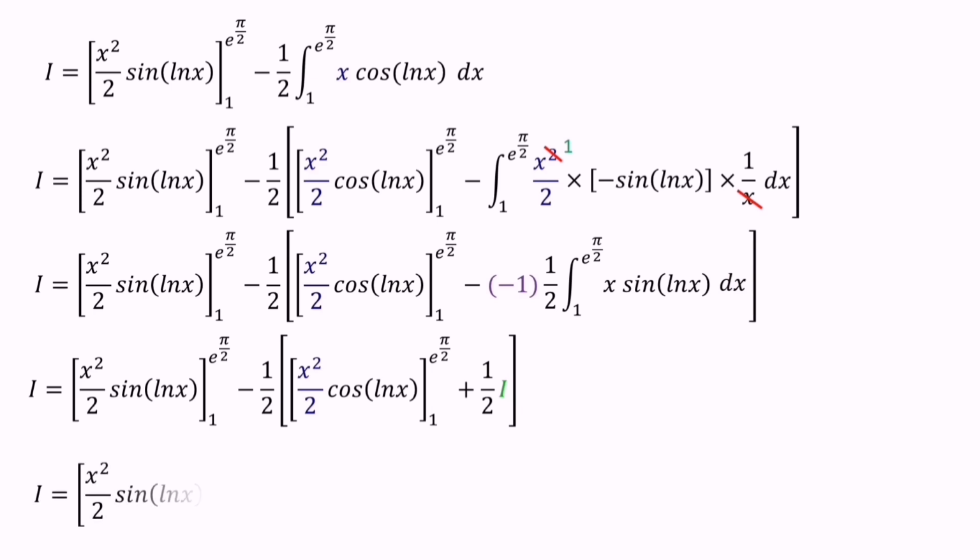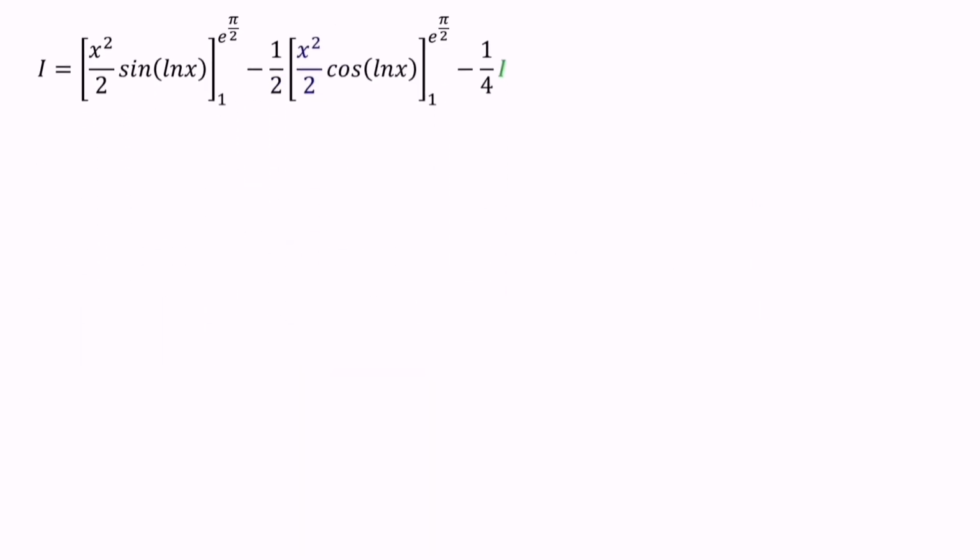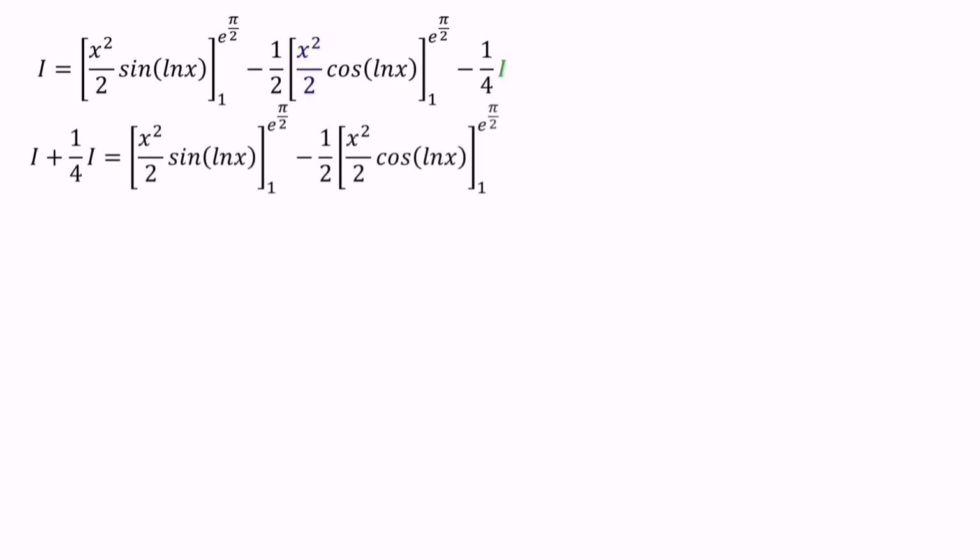Then we can write minus half x squared over 2 cos(ln x), minus half into minus half I, which is minus 1 over 4 I. We can move this minus 1 over 4 I from the right side to the left hand side, then it will be plus 1 over 4 I. I plus 1 over 4 I we can write as 5 over 4 capital I. Then we have 5 over 4 I equal to x squared over 2 sin(ln x) minus half times x squared over 2 cos(ln x).